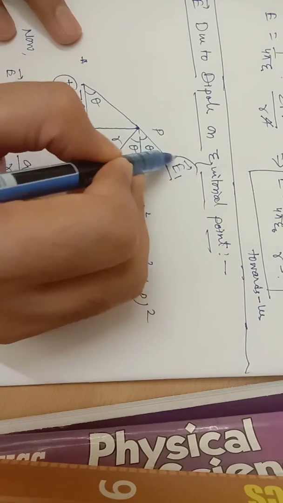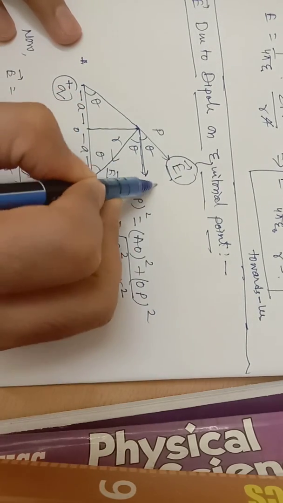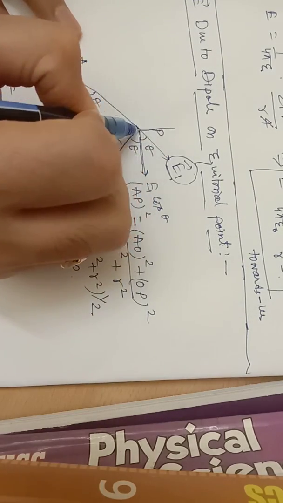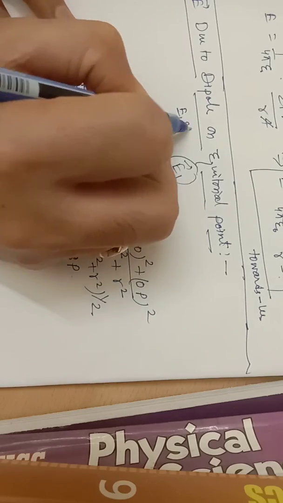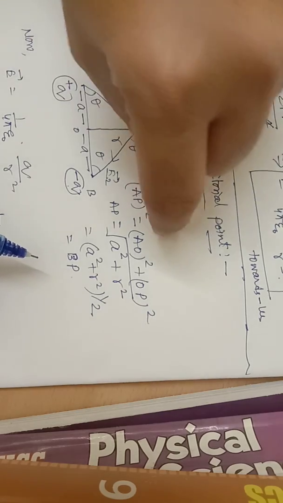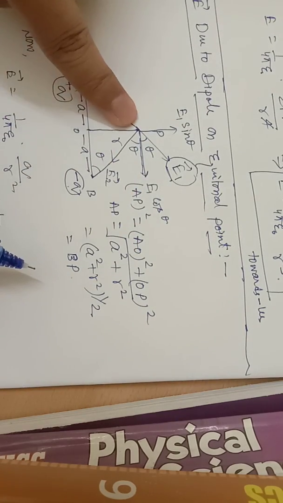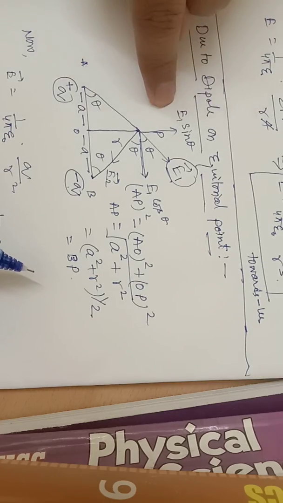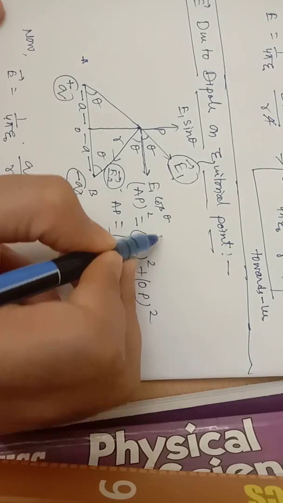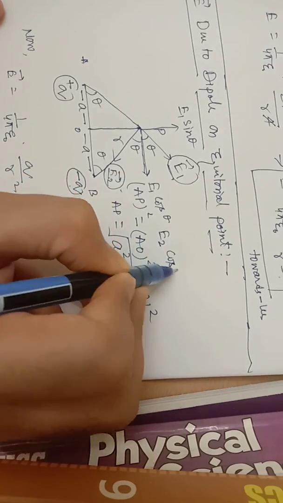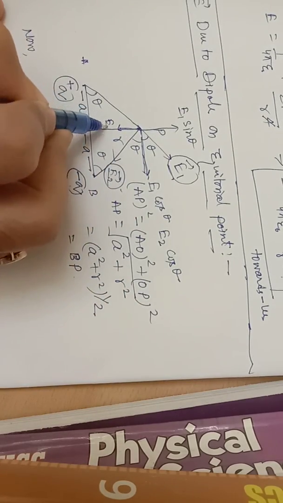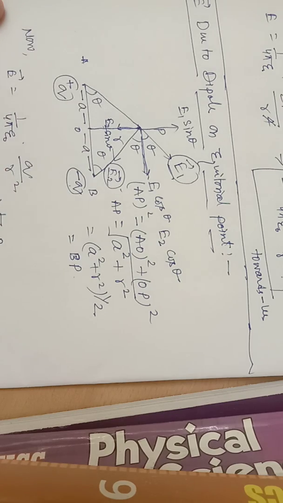One component of E1 will be E1 cos theta, and the other component will be E1 sine theta. Similarly for E2, it will be E2 cos theta in this direction and E2 sine theta in the vertical downward direction.